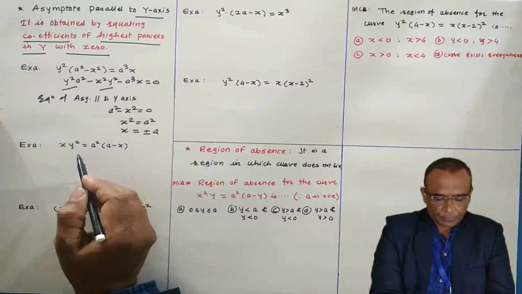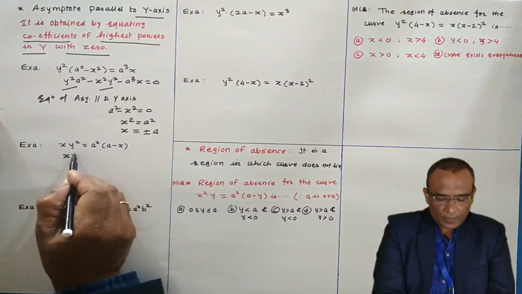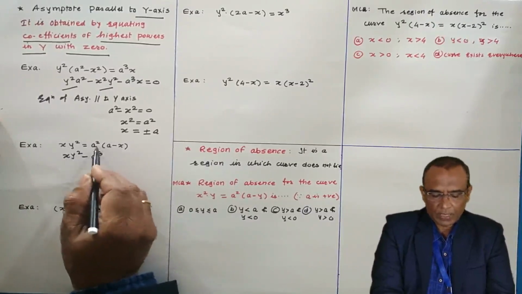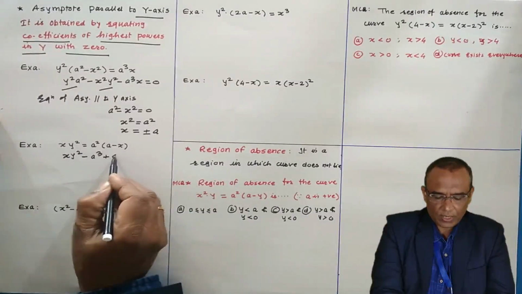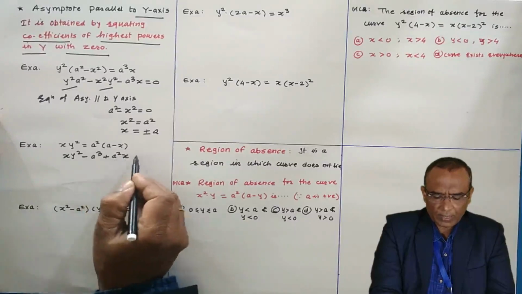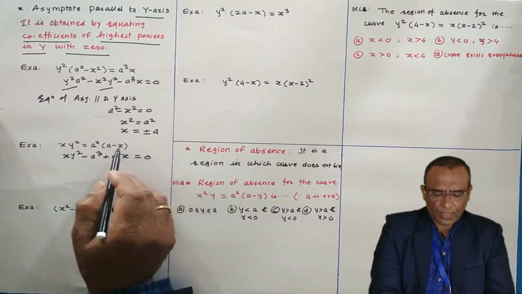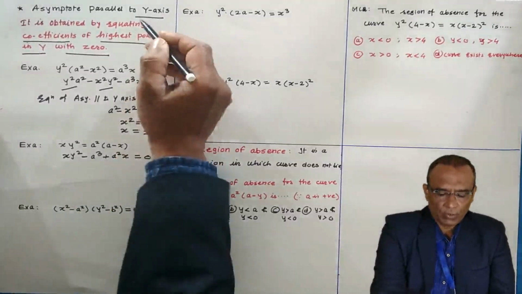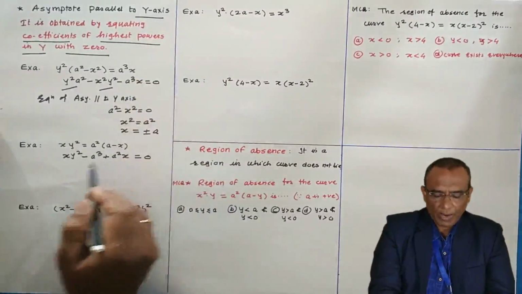The next problem: x y square. I am shifting this to the left hand side, multiplying this by this, or you can keep it on the right hand side also, it is your choice. x a square. Asymptote parallel to the y-axis. How many y terms are there?